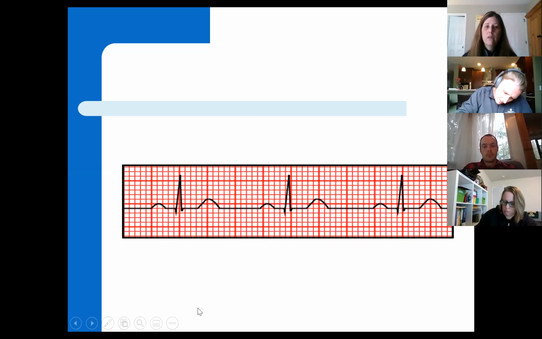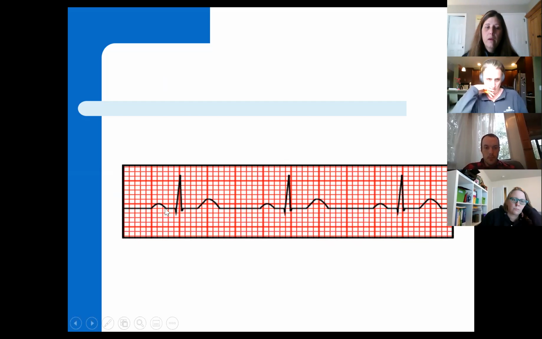All right. This picture, I think, makes it a little bit clearer. We see the first little bump is a nice rounded P wave. The next deflection, upright and back down, is our QRS complex. And the last larger rounded wave is the T wave. What I specifically want to point out on this clear picture is that there are 5 little tiny boxes between each of the darker red bold lines.